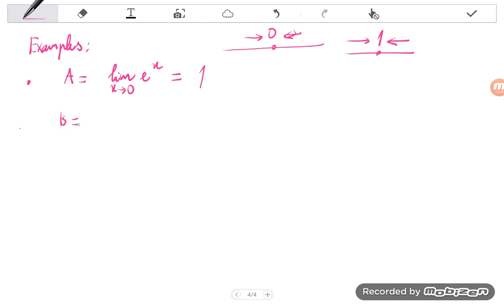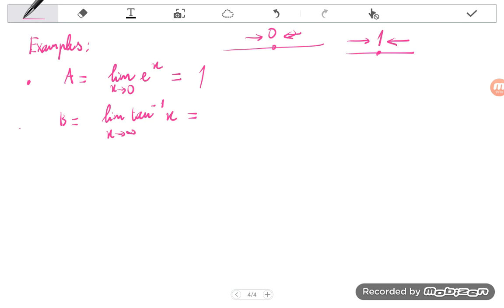And in part B, we want to calculate the limit of the inverse function of tan when x tends to infinity. Again, you can use your calculator.